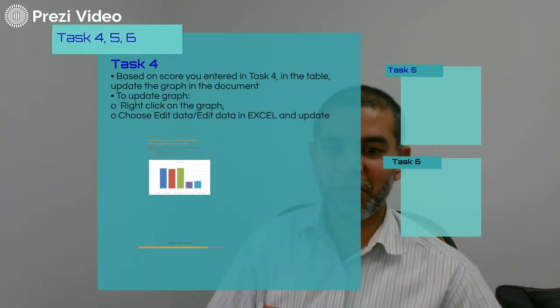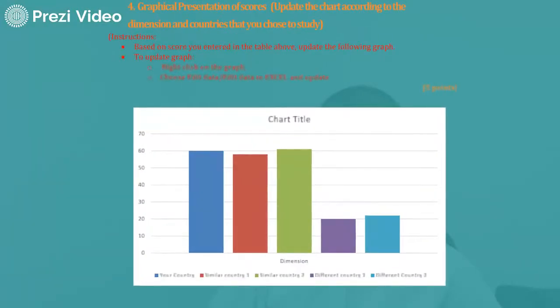We move to task number 4, which is preparing a graphical presentation about the score. Based on the score you entered in task 3, in the table, update the graph in the document. To update the graph, right click on the graph, then choose edit data in Excel and you can update the information.